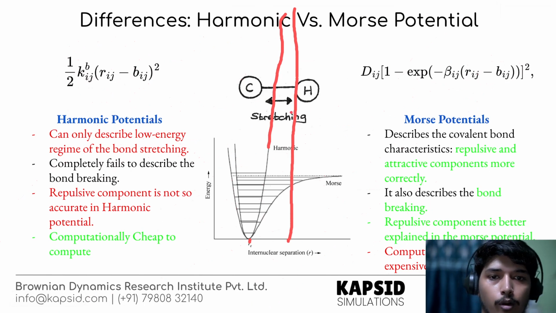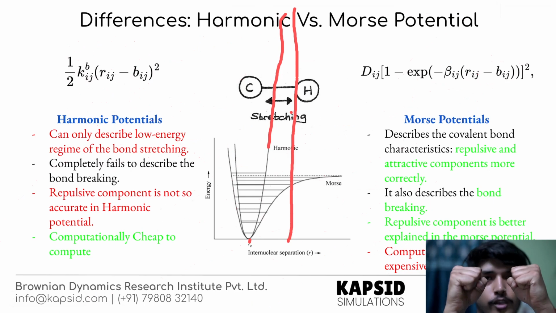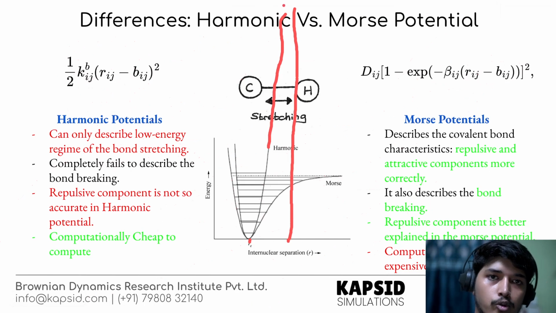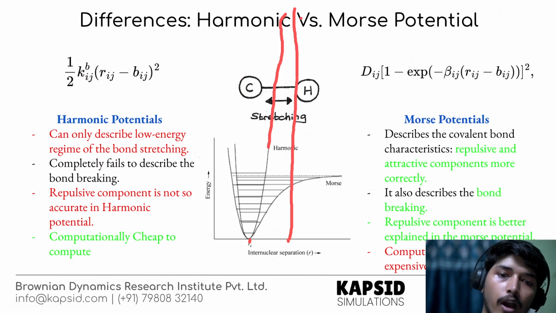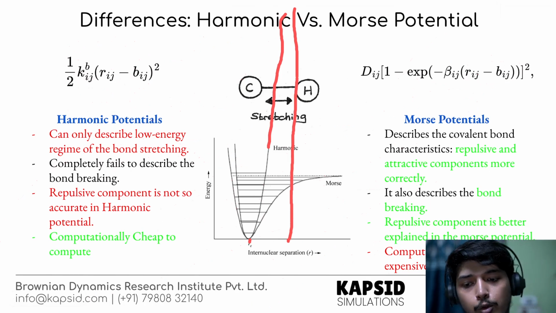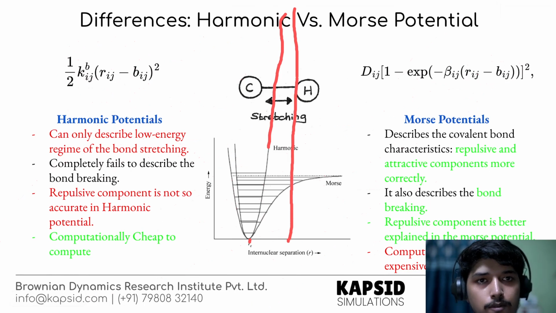So just by changing the bond length to double the bond length, we are getting a potential that is infinite. So your system will crash. If you have this type of problem and you do energy minimization, your system will most likely crash. So that's a problem with harmonic potentials.